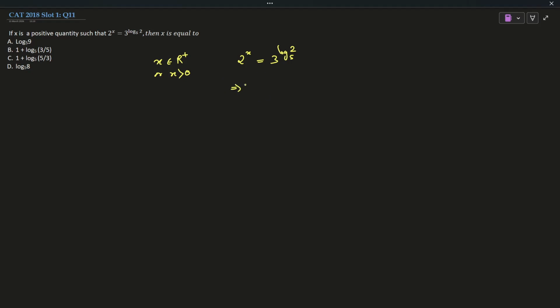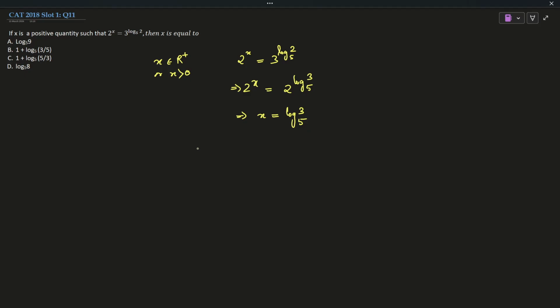Property of logarithm: 2 to the power x can be written as 2 to the power of log 3 to the base 5. You can interchange these powers 3 and 2. Property of logarithm. From here I can say x equal to log 3 to the base 5.